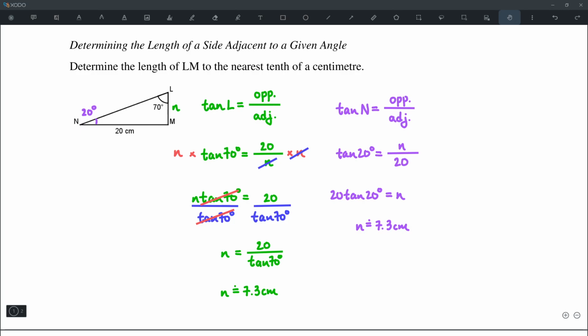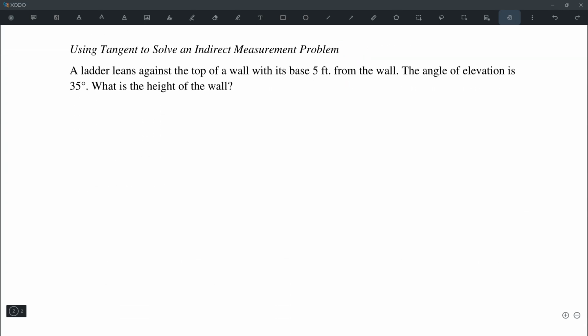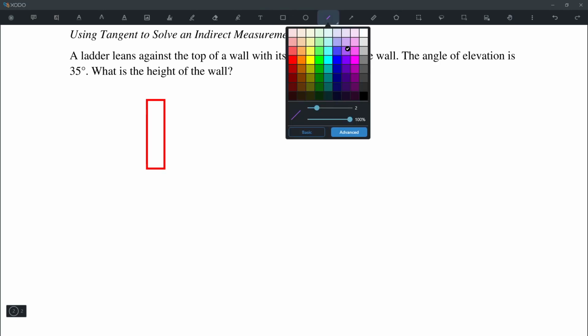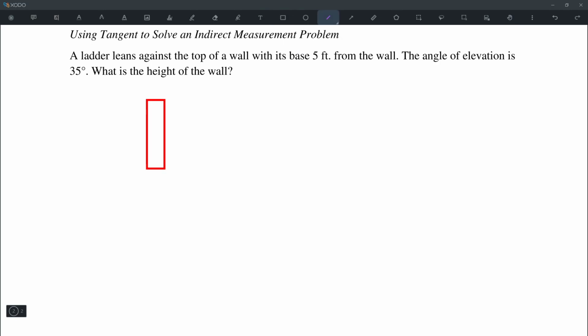Okay, let's look at one more example. So here we have a ladder leaning against the wall, and the base of the ladder is 5 feet from the wall. So something that looks like this.